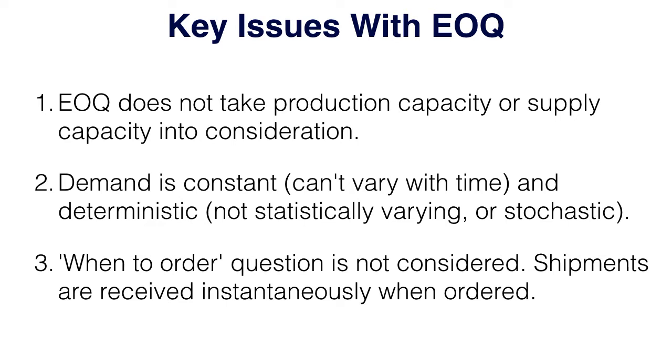EOQ doesn't even assume any replenishment time. The underlying assumption of the EOQ is that shipments are received instantaneously when they are ordered. In other words, the sawtooth curve keeps on going. The moment you order, you get it the next second, or even in the microsecond, and that's it.